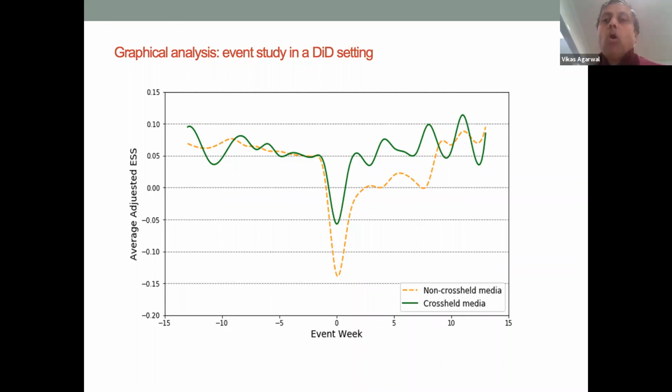Or you can simply model whether litigation is in any way related to the differential in the tone between the cross-held and non-cross-held media prior to the event. Yeah, we can definitely do that. Thank you. You're right.